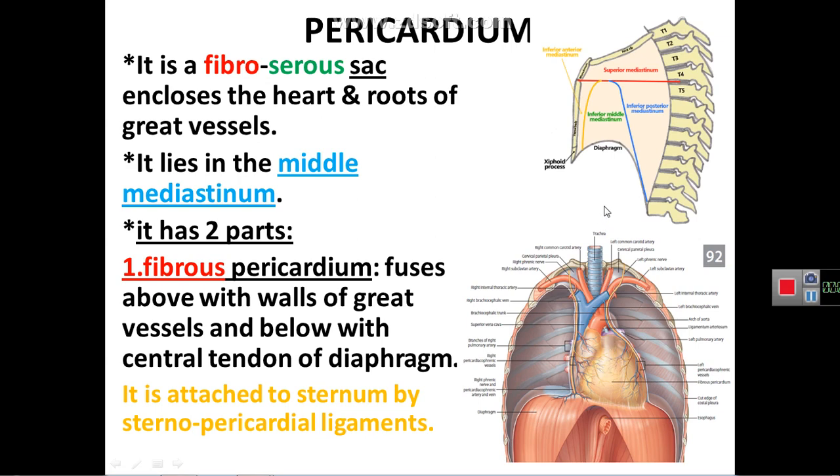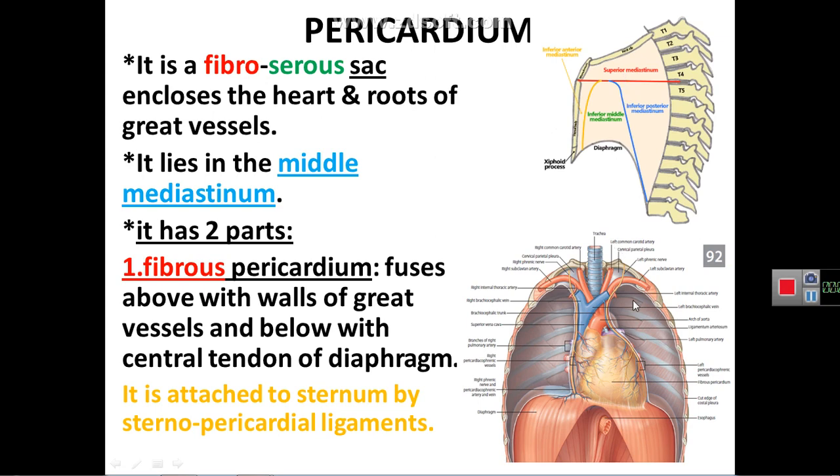In order to describe the anatomy of the pericardium, I have to revise the subdivision of the mediastinal cavity.